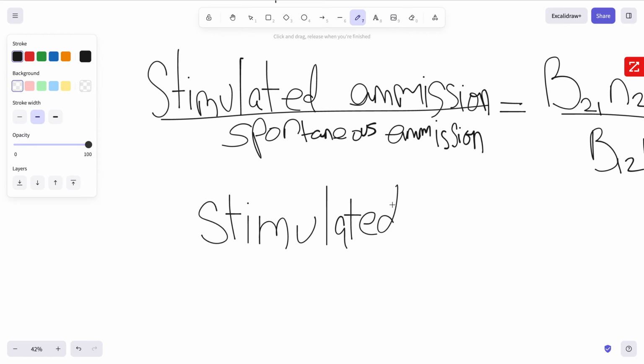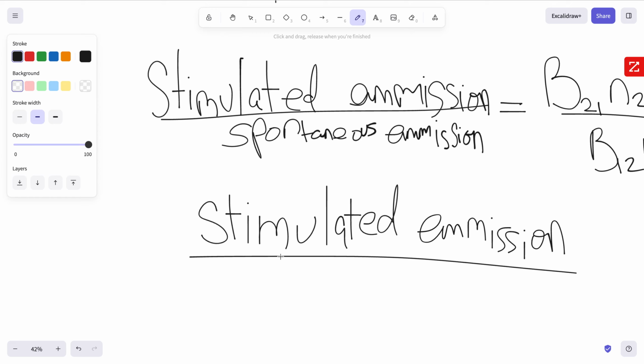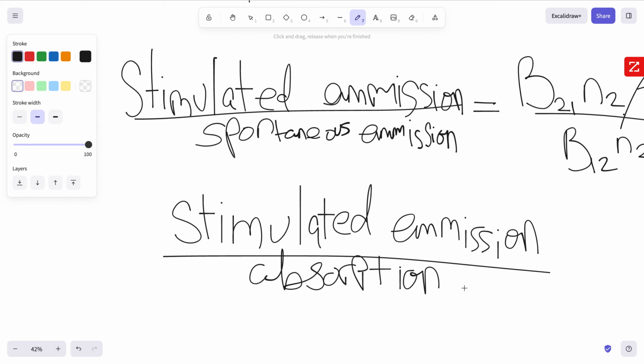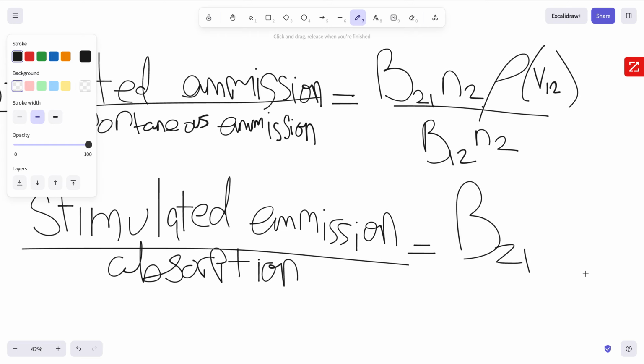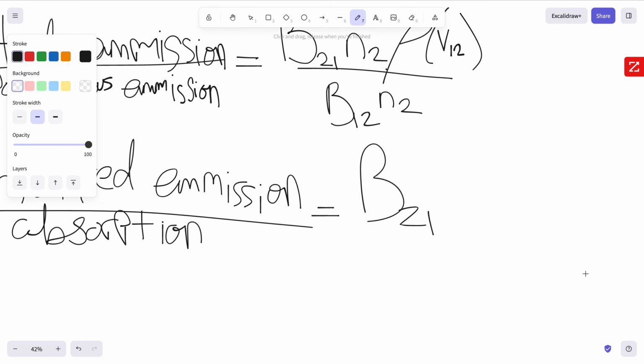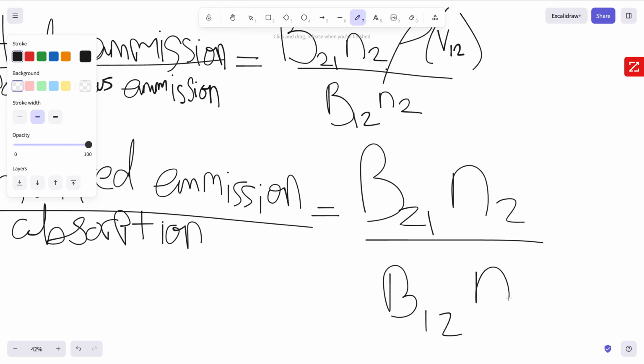The other thing we want to maximize is stimulated emission over absorption, and this is equal to B21 times N2 over B12 times N1.